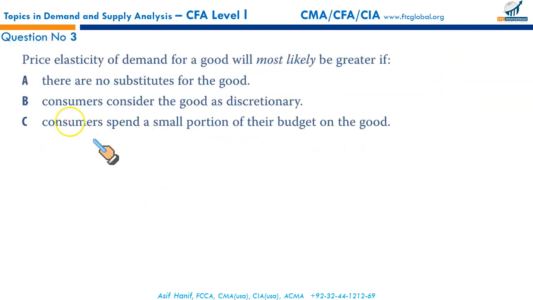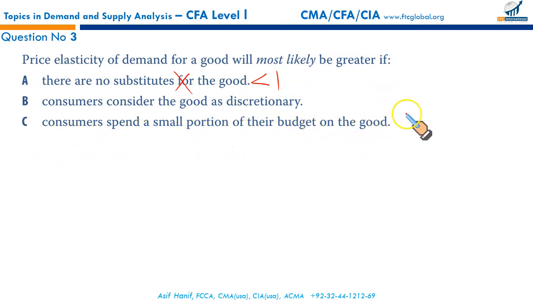Next, question number 3. Price elasticity of demand for a good will most likely be greater if there are no substitutes for the good. If there are no substitutes for the good, the price elasticity of demand would be less than 1. Incorrect. C. Consumers spend a small portion of their budget on the good.